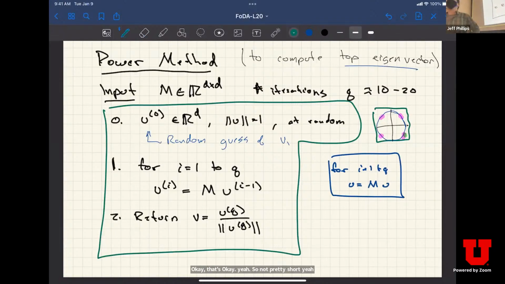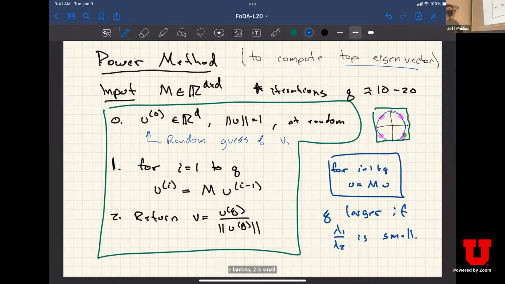Does Q scale with D? You just care about the top one, and what Q will scale with is the gap between the top two eigenvalues. I want Q larger if lambda 1 over lambda 2 is small.